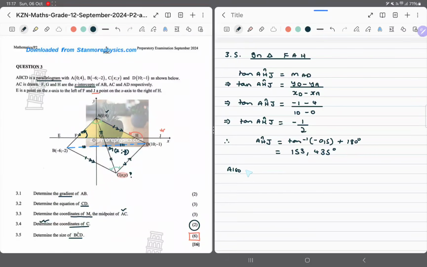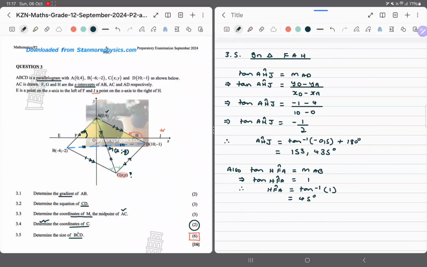So we can say also, we know that the tangent of, say here, angle HFA, what is this one? Is going to be equal to the gradient of AB. Now we found out that the gradient was 1. Therefore, we know that HFA is basically arctan of 1.